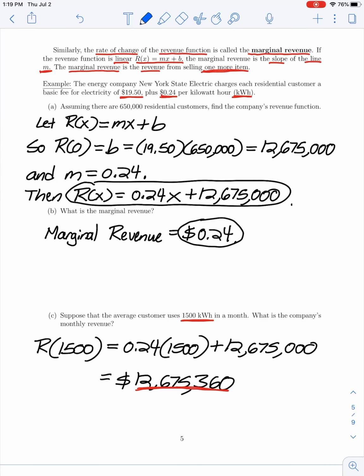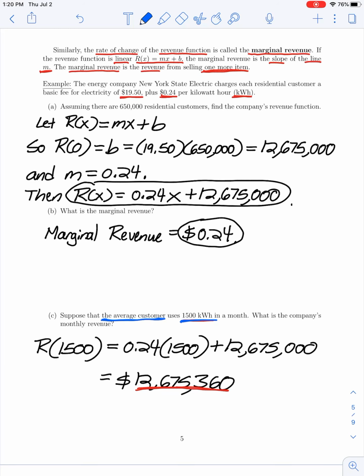However, if we are interpreting this as each customer using this much, so we're told here, suppose the average customer uses 1,500 kilowatt hours in a month, then we want that company's monthly revenue.